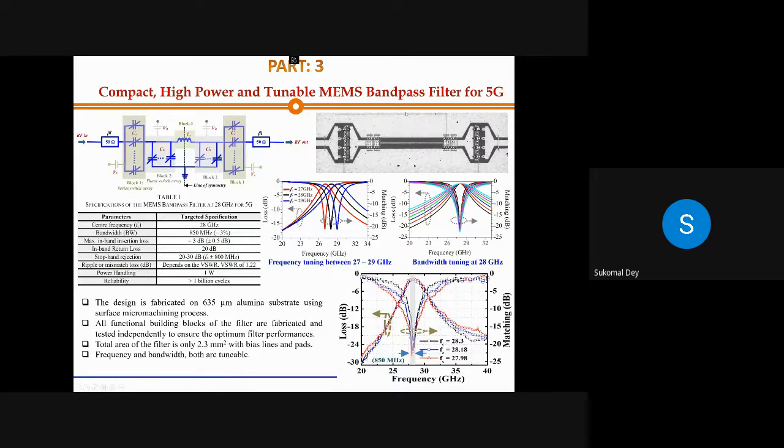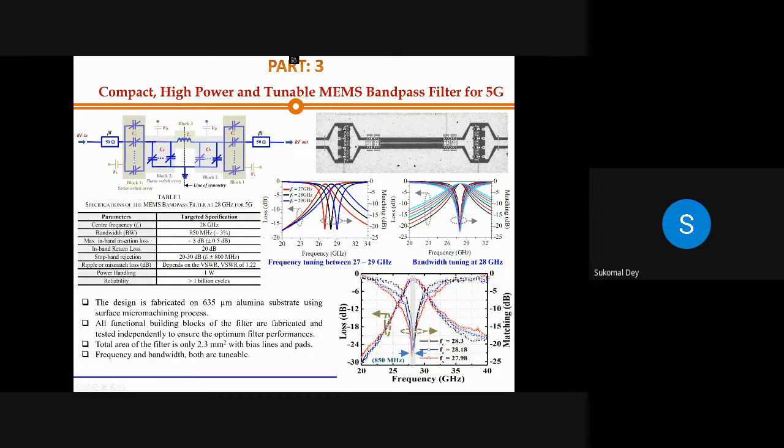If you draw a dotted line in the middle, you can see a line of symmetry, with the same components on either side. Based on the tuning of the shunt arm, you can tune the frequency from 27 to 29 gigahertz, and also do some fine tuning.